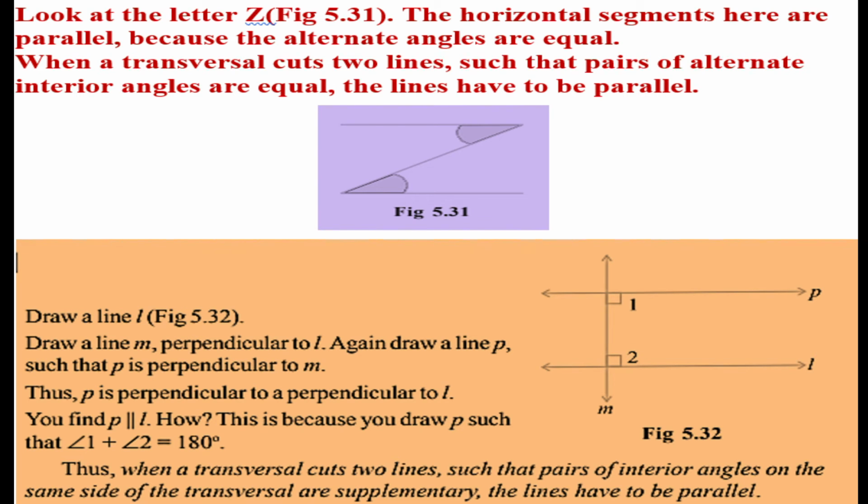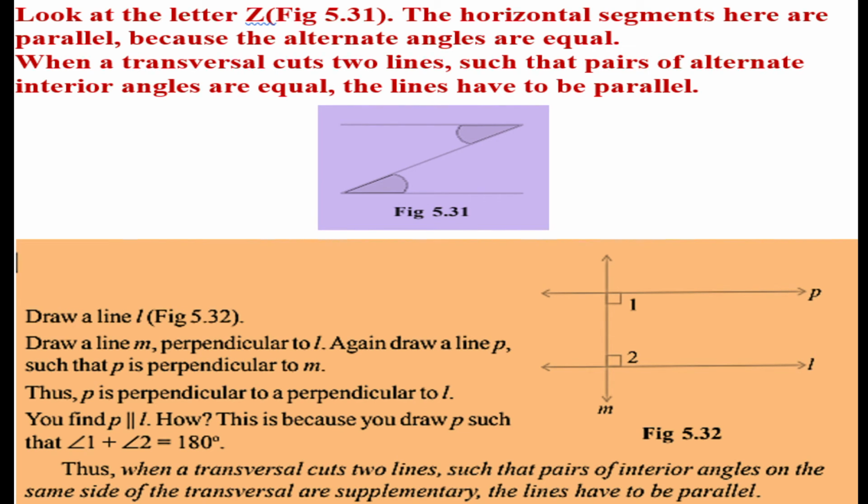The horizontal segments here are parallel because the alternate angles are equal. So when a transversal cuts two lines such that a pair of alternate interior angles are equal, then the lines have to be parallel. That is just the converse of the corresponding angles result.